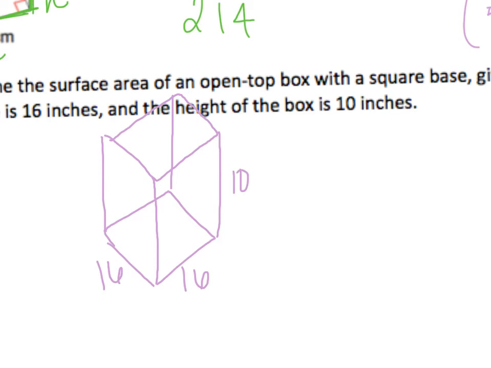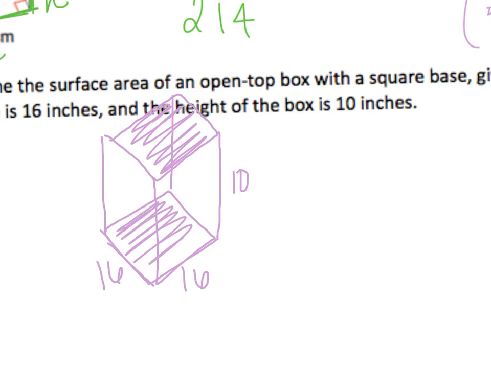Okay, now remember this is an open box, so think of kind of like a shoebox without the top on it. So we don't want to include that top area. So instead of taking 16 times 16 times 2, we're only going to take 16 times 16 only once because we just want the area of the bottom here. We don't want the area of the top since that top is open.